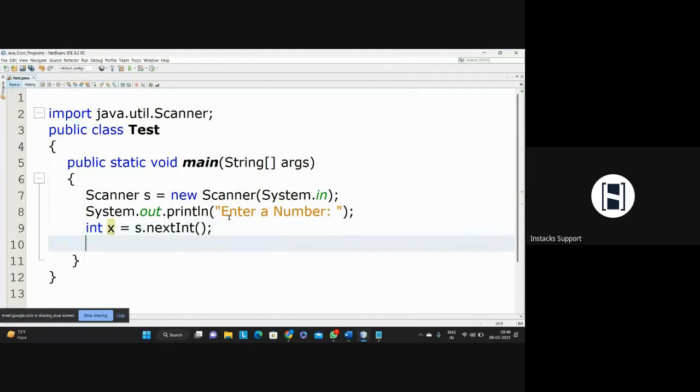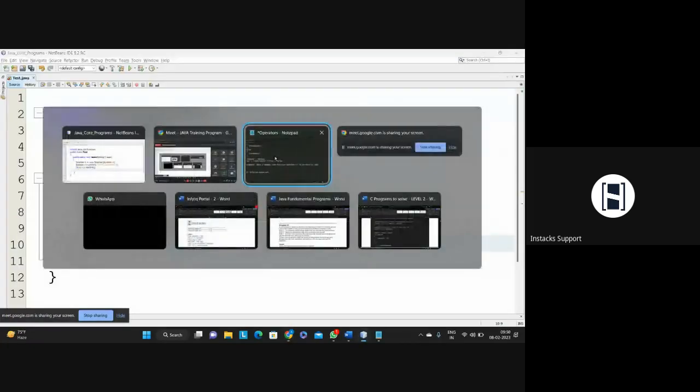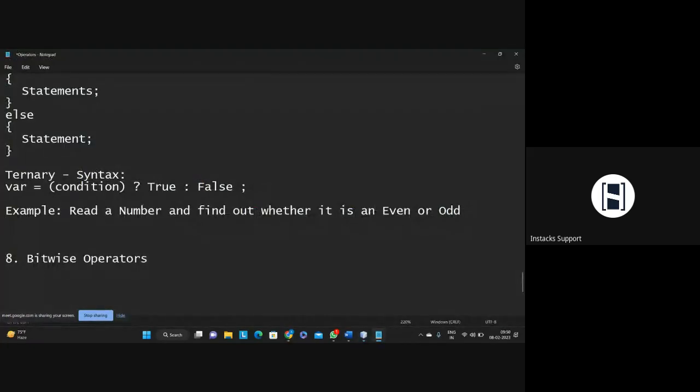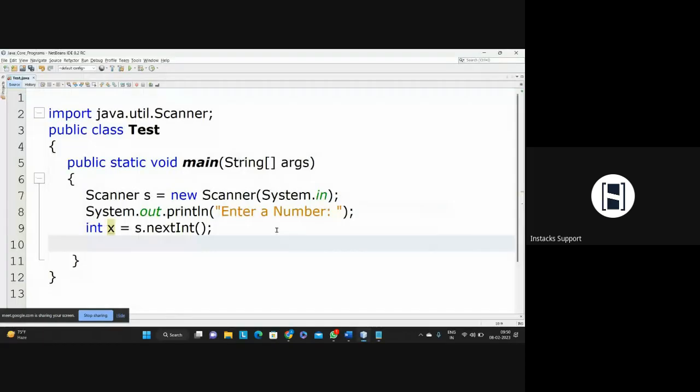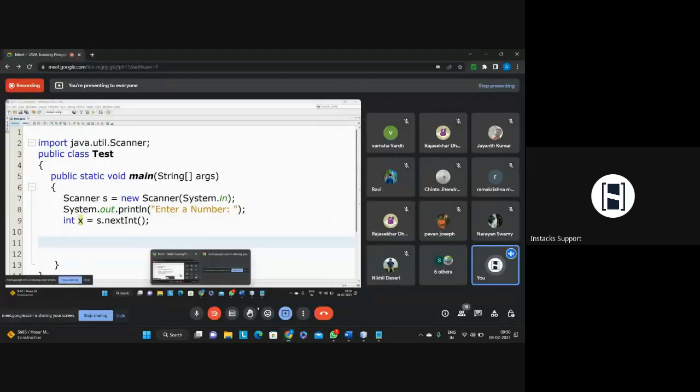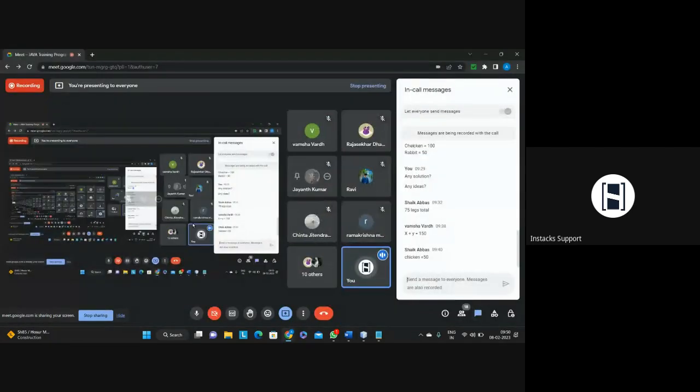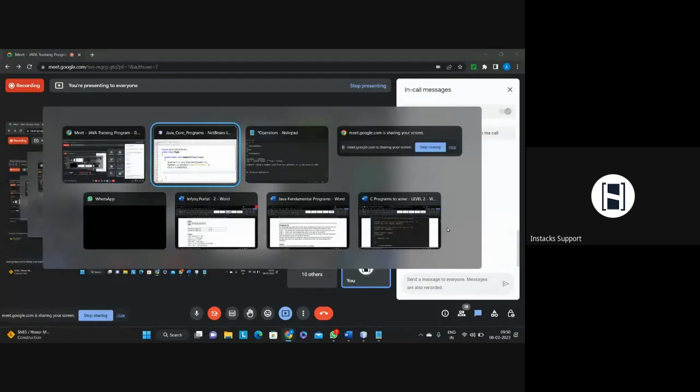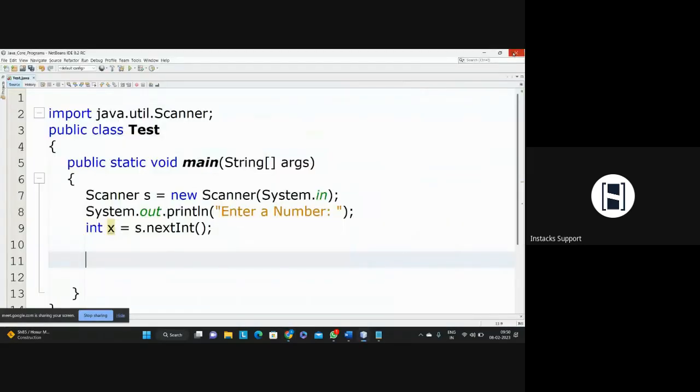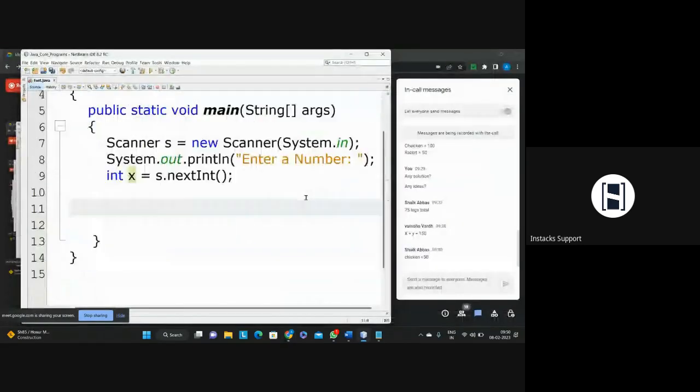Done. So now what does the question say? The question says to check whether the given number is even or odd. So how to decide whether a number is even or odd? How can I guess whether a number is even or odd? What is the logic that I have to apply for that?